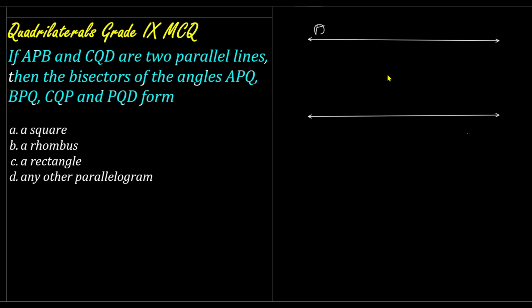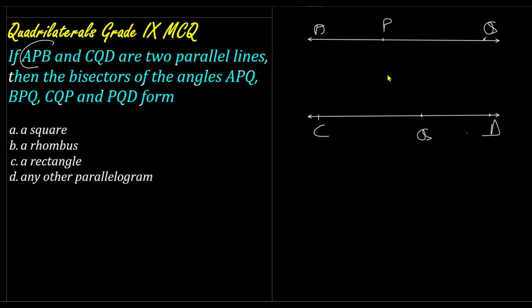So this first line is named APB, and the other is CQD. So this is C, that's Q and D. This is not a midpoint, so that's why I displaced it, I didn't keep it at some midpoint.